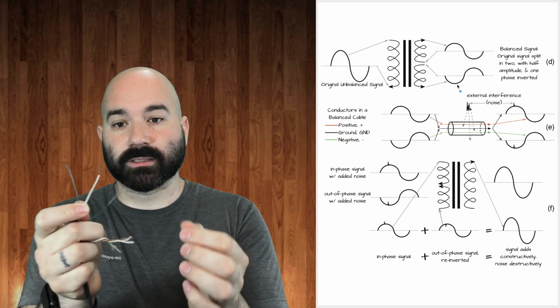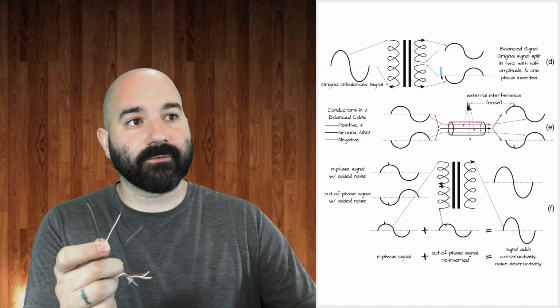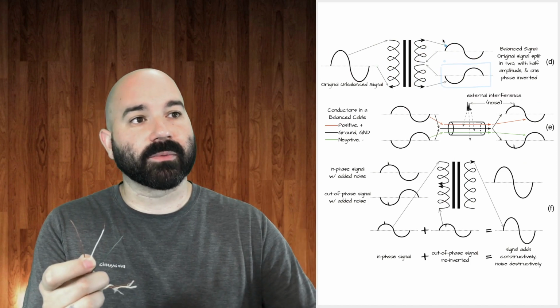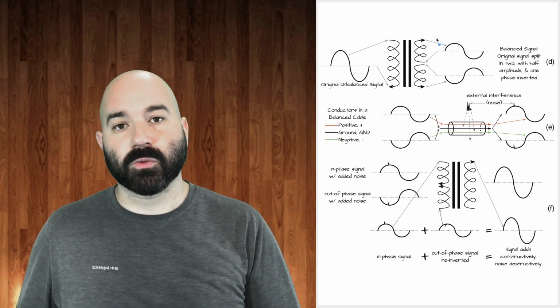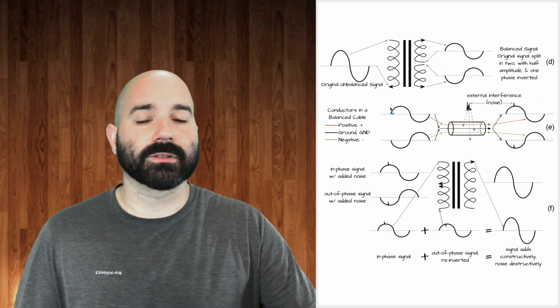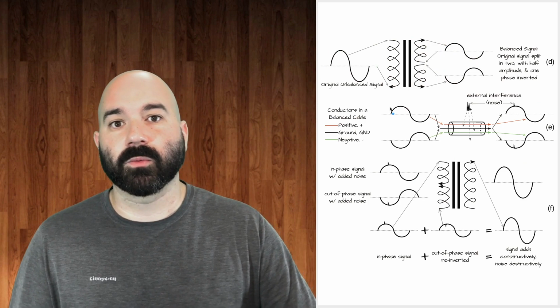One will be for your negative, which is the half amplitude out of phase. Your positive is half amplitude in phase. And of course, you still have your ground 0 reference conductor.